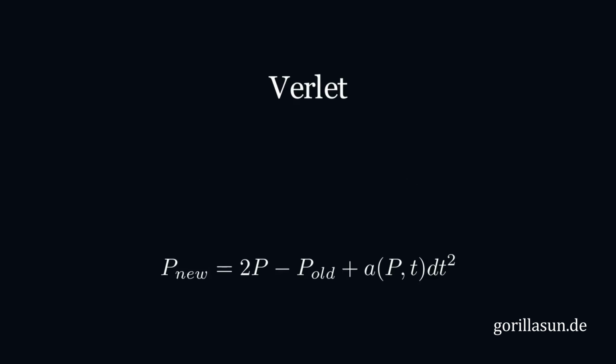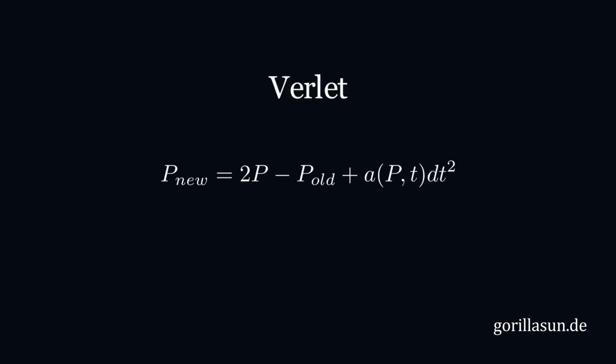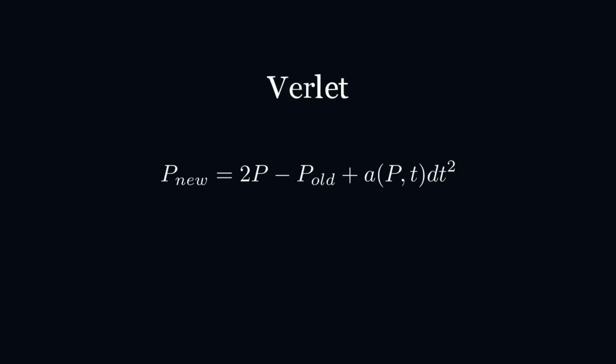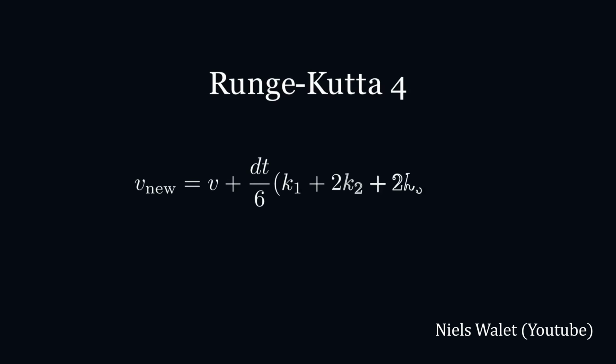Verlet integration is also a symplectic integration style, but you don't need to use velocity. It updates position directly using the acceleration, and both current and past positions. It performs almost identically to the semi-implicit Euler. Runge-Kutta 4 is a completely different integration technique.